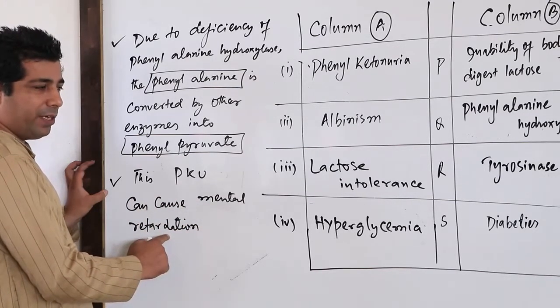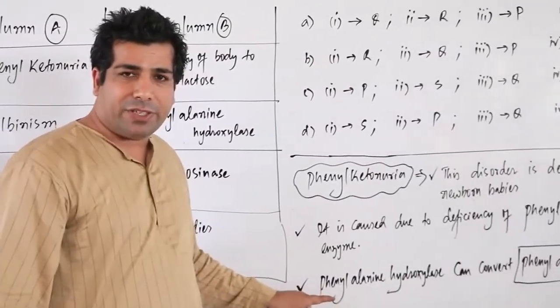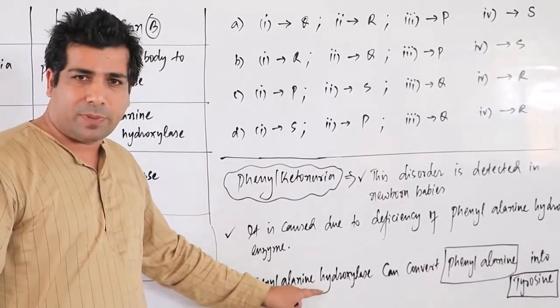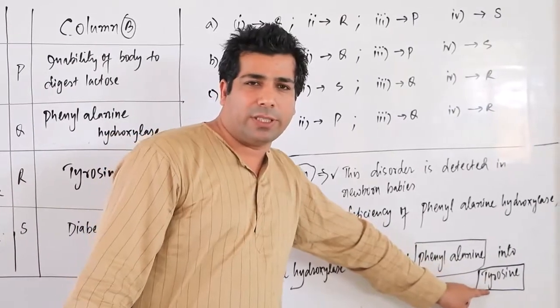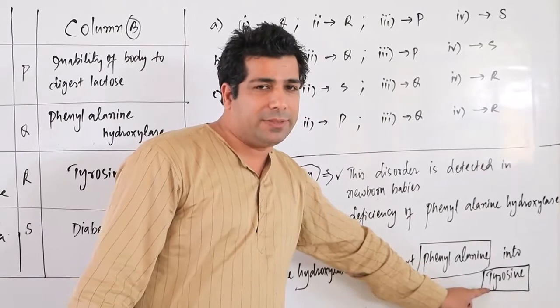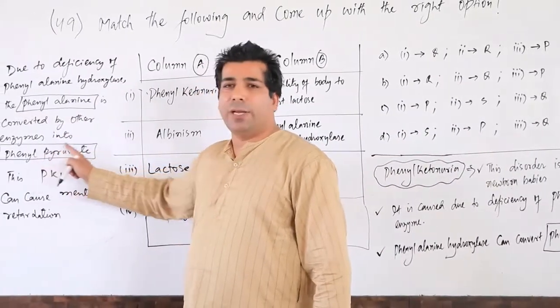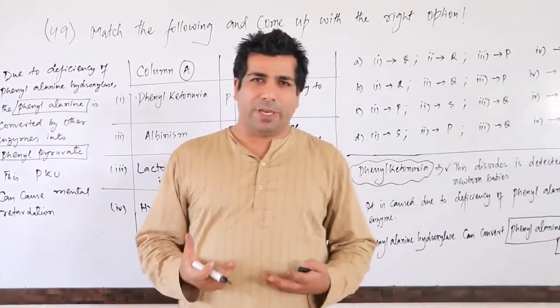Okay. So my dear friends, in this disease, the enzyme which is deficient in the body is phenylalanine hydroxylase. So phenylalanine will not be converted into tyrosine, correct? But phenylalanine is converted into phenylpyruvate, correct? So what is the way to prevent this particular thing?